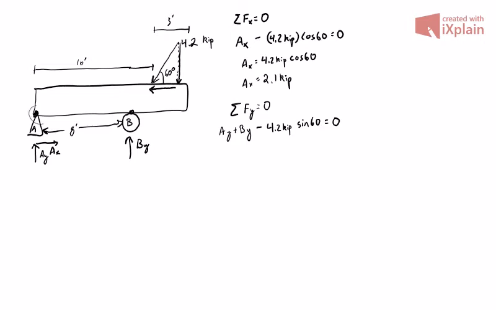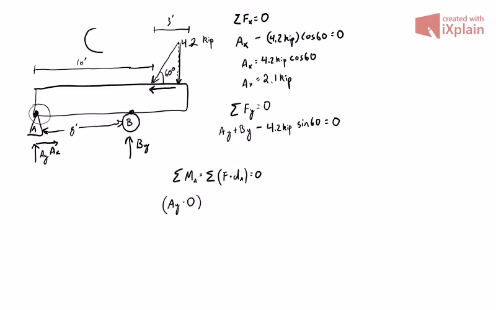Again, we're going to sum about point A so that we can make A not be included in our equation. So we have sum of the moments about point A is equal to the sum of force times distance from point A is equal to 0. So we have AY times 0.